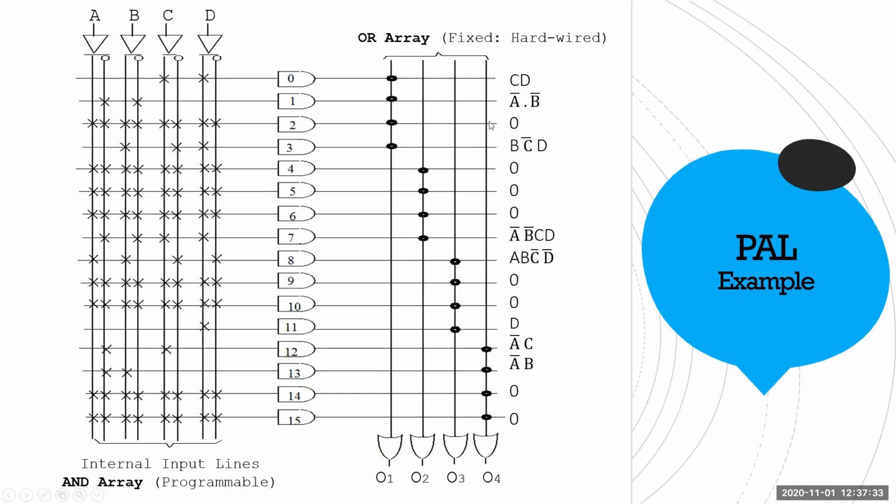Here you can see the example was something like this. O1 was CD plus A bar B bar plus BC bar D. Our O2 was only A bar B bar CD.